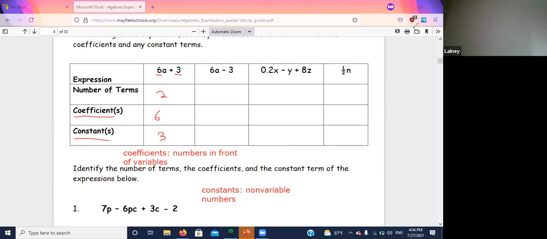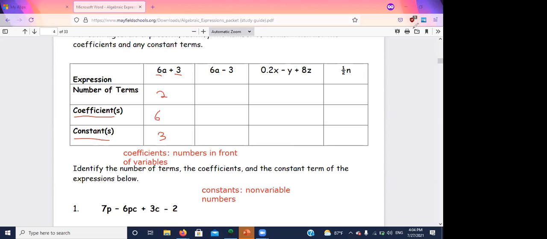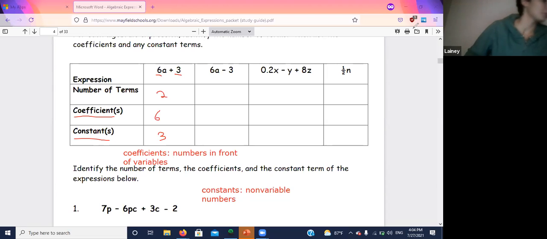The number of terms is 2. And then the coefficient is 6.